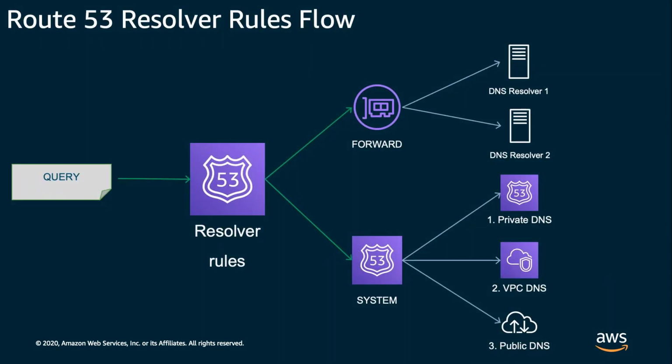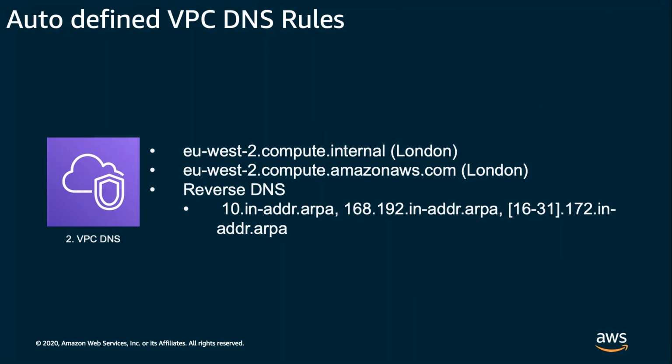So if we look at resolver rules, when a query comes into the Route 53 resolver, there are some auto-defined rules in a VPC that take preference because they're already defined. So for example, the host names, we have those defined within the VPC, and those would respond based on enabling the DNS host names within the VPC.